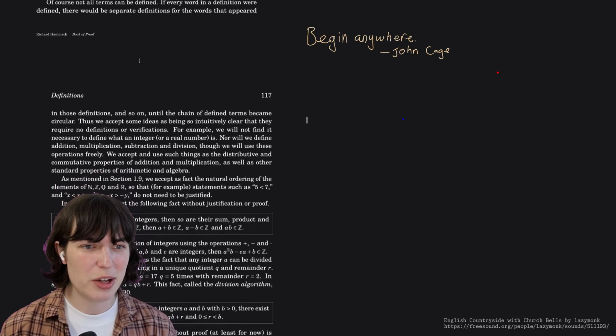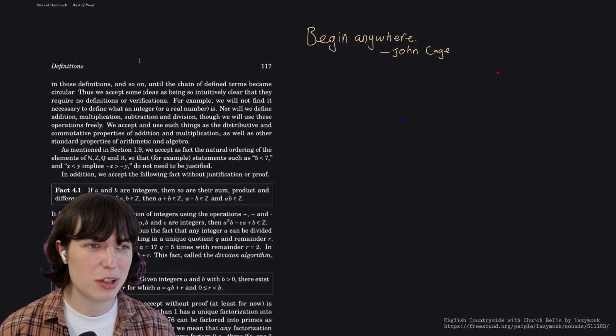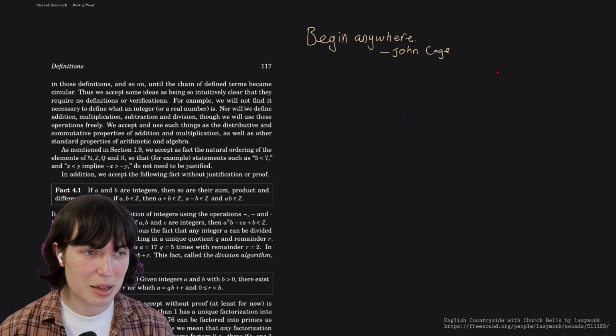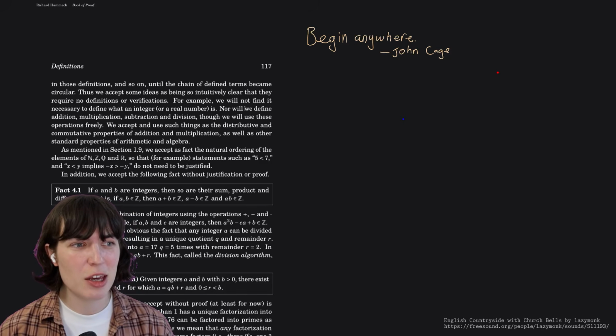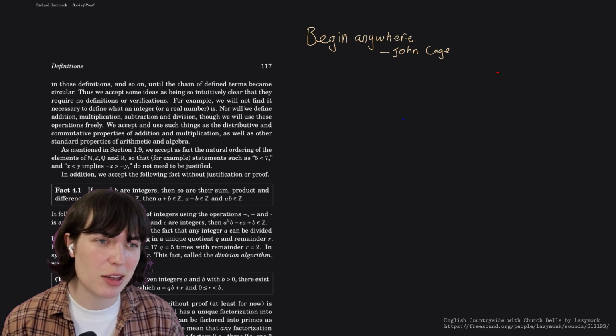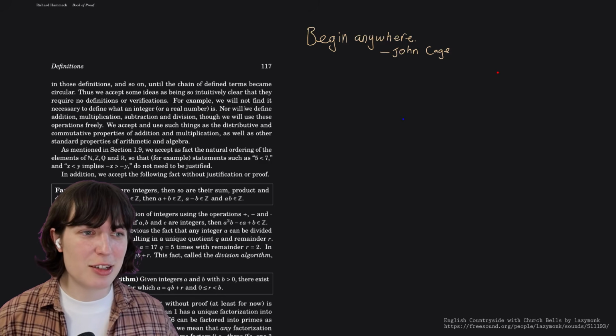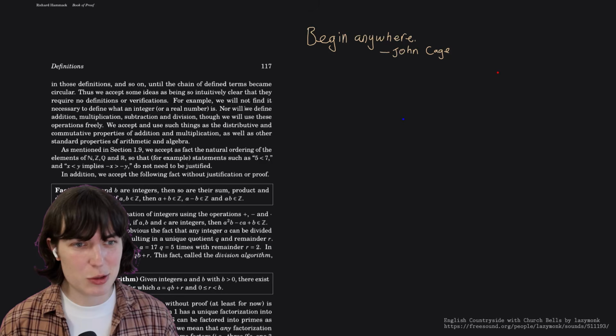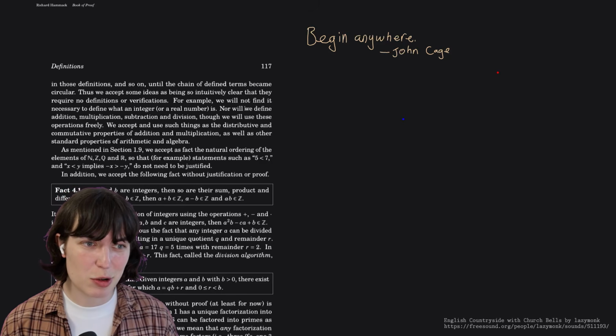For example, we will not find it necessary to define what an integer or a real number is, though we will use these. Nor will we define addition, multiplication, subtraction, and division, though we will use these operations freely. We accept and use such things as the distributive and commutative properties of addition and multiplication, as well as other standard properties of arithmetic and algebra.